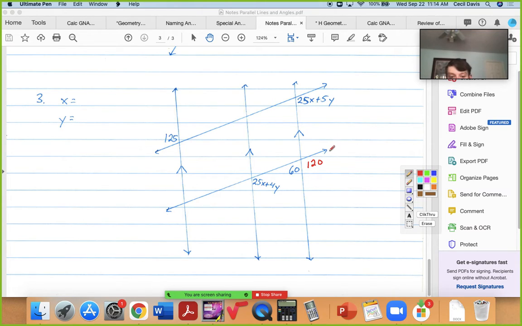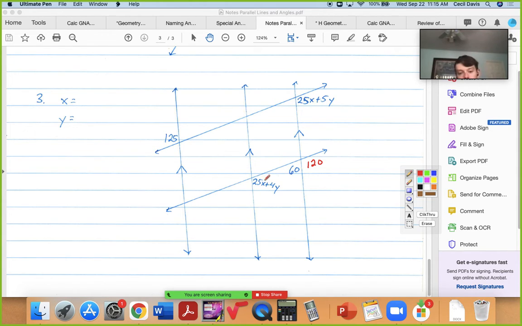Are they made by two lines that we know are parallel? No. Do we know that this line's parallel to this line? No. So do I know these two are congruent to each other? No. So I can't use that. But you're right, this is 120, and these do correspond. Okay?